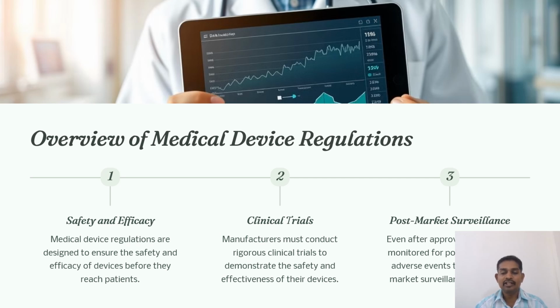Various clinical trials in the laboratory have to be performed by the manufacturers to demonstrate the safety and the effectiveness of their device and to ensure the device is safe to operate for the patient, either for diagnosing or for giving treatment.